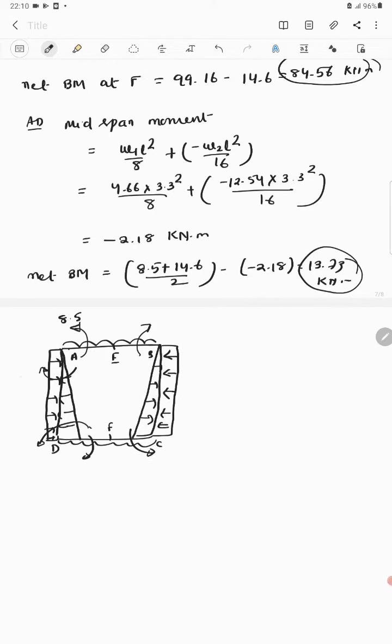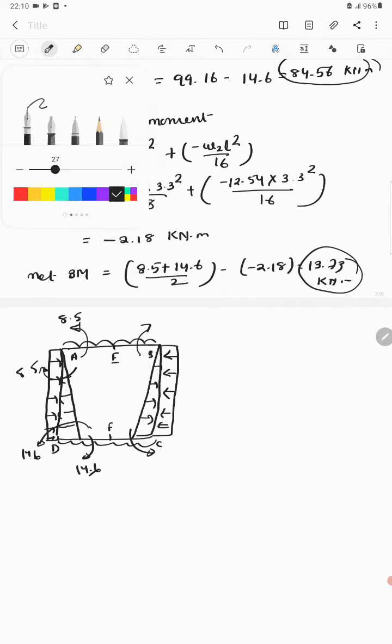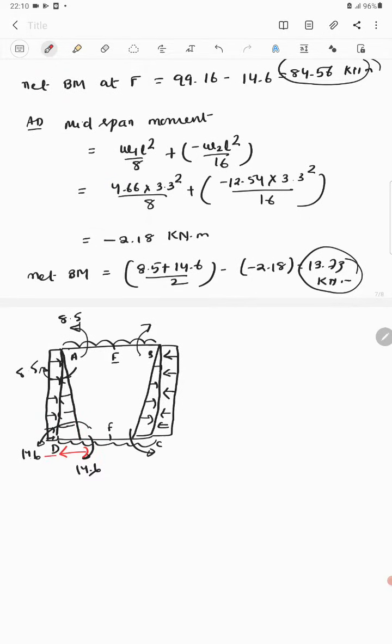It is 8.5, this is 8.5, 14.6, 14.6. Similarly this side. And these loads, this is how much? 4.66 and this is 12.54.